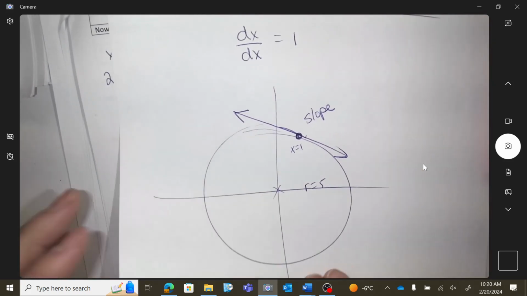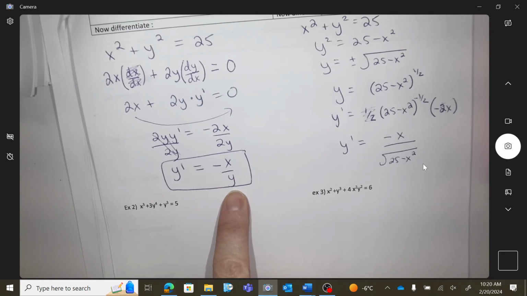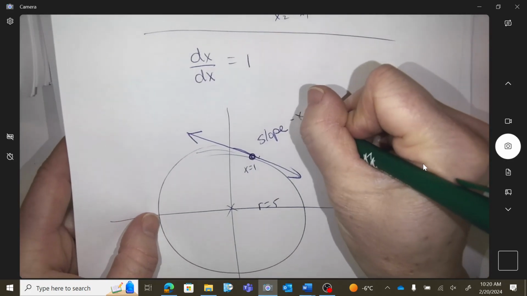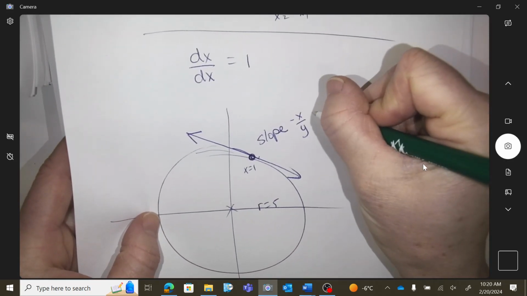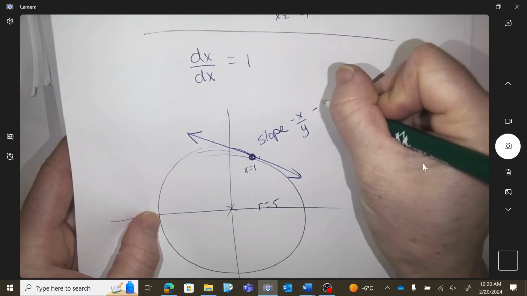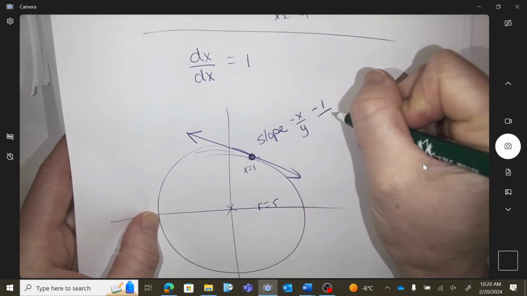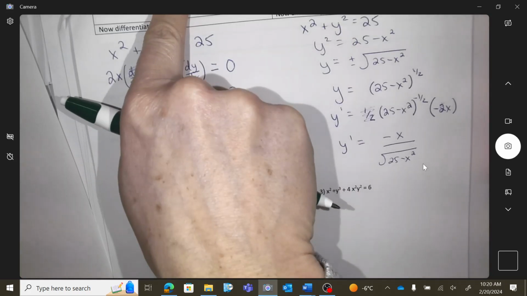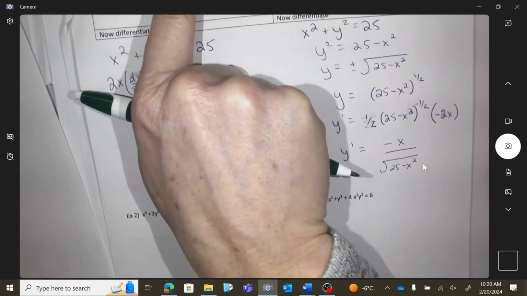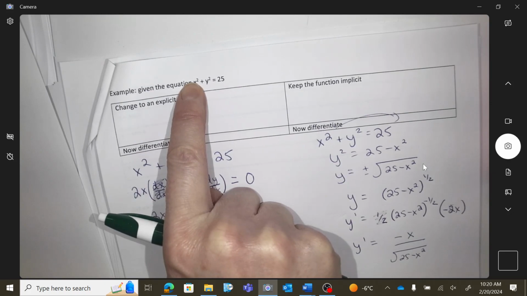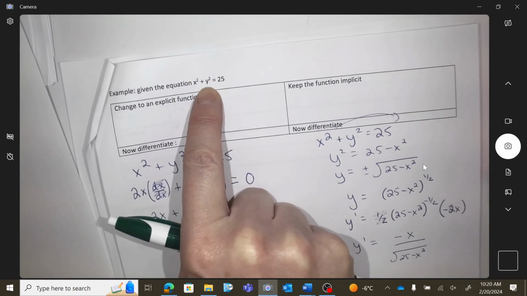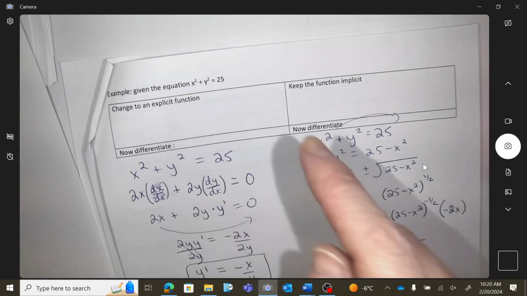The slope formula is negative x over y. So negative 1 over y. So if x is 1, 1 squared, so that'd be the square root of 24.